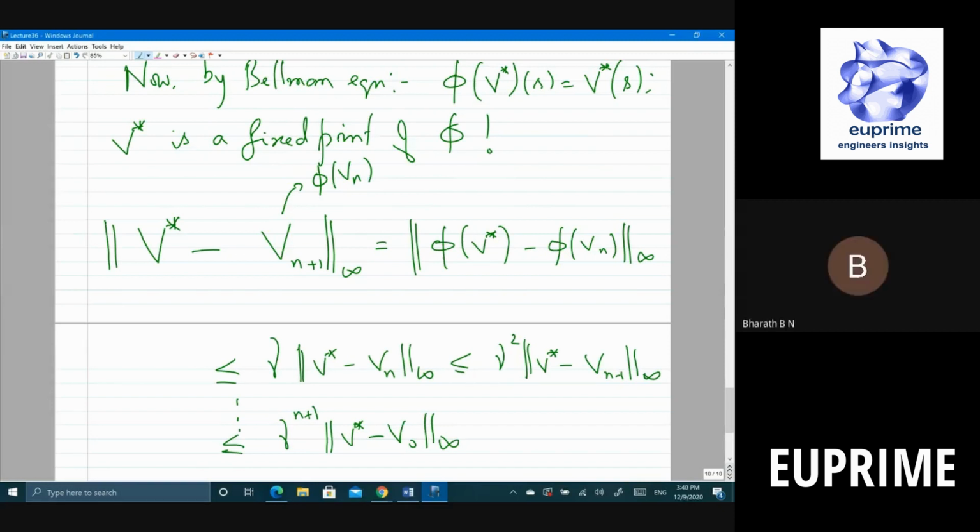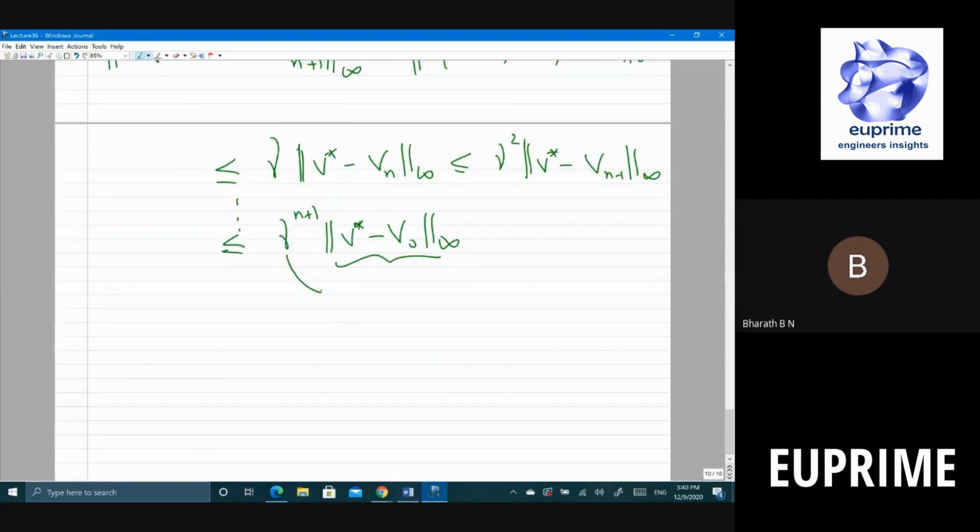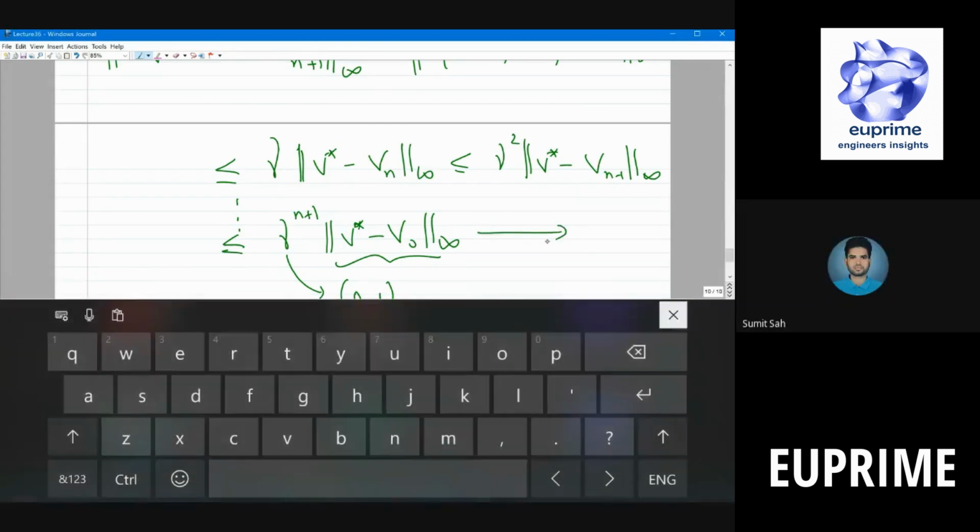Okay. Now, v star minus v naught infinity norm is some number. It could be 100, 10, 4, whatever it is. What is nu? This nu belongs to (0, 1), right? It's some number between 0 and 1. So if you take a number between 0 and 1 and raise it to the power, let's say 100 billion, what do you get? It will converge to 0. Yes, it converges to 0, sir.